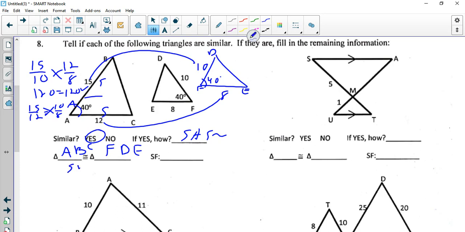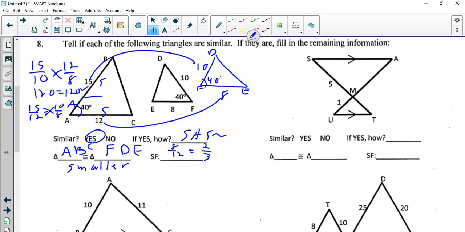Okay, what's happening is it's getting smaller, which means when I take my ratio of like 15 and 12 or 10 and 8, 15 and 10 or 12 and 8, I need to put the smaller number on top. So 8 over 12, which reduces to 2 over 3. My scale factor from ABC, the bigger one, to the smaller one is 2/3. Now if I put FDE to ABC, that would be 3/2.